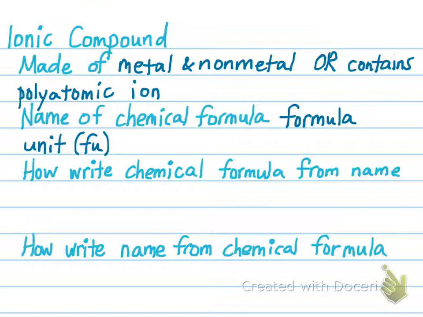That would be incorrect. Again, most of what I'm going to ask you to do is I'm going to give you a name and ask you to write the chemical formula. So remember, when I give you the name, there are 4 steps, right? You write the symbols. You write the charges.